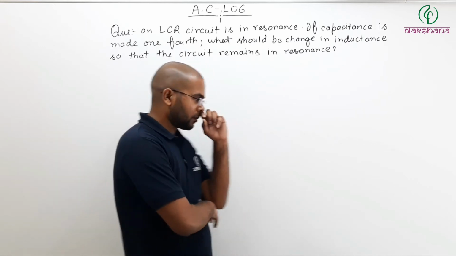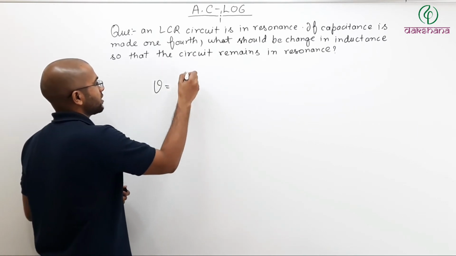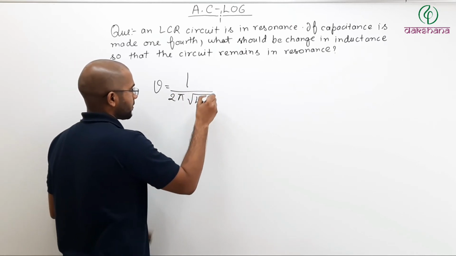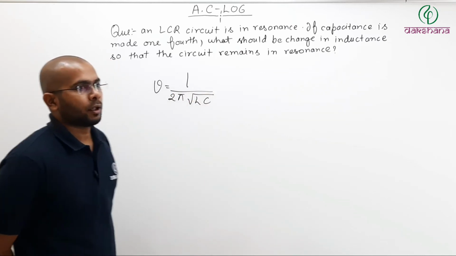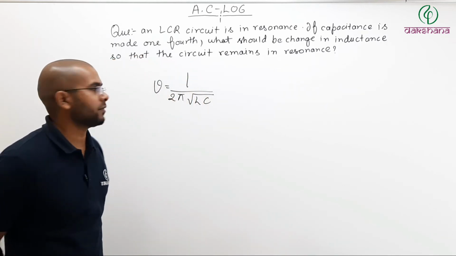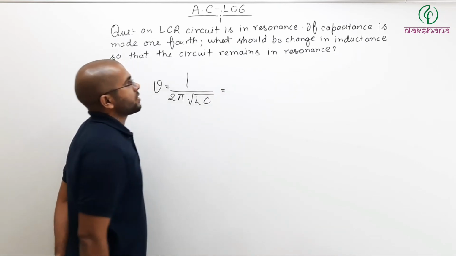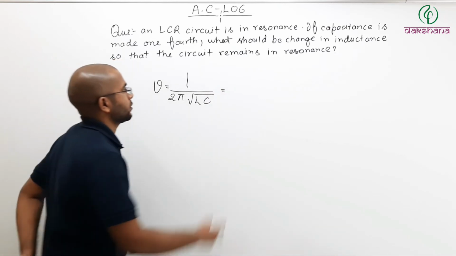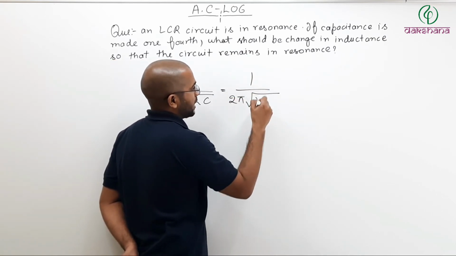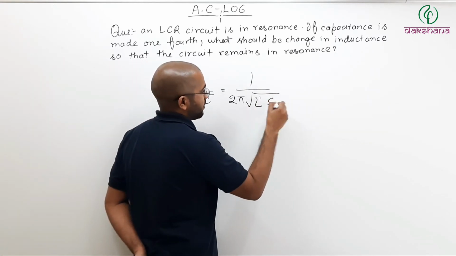Now what is the frequency in an LCR circuit which is in resonance? Nu is equal to 1 by 2 pi under root of LC. Now frequency depends on the source. So if the source is not changing, my frequency should remain constant. So if the capacitor is made 1/4, you will say 1 by 2 pi under root of L dash, the new inductance, times C divided by 4.